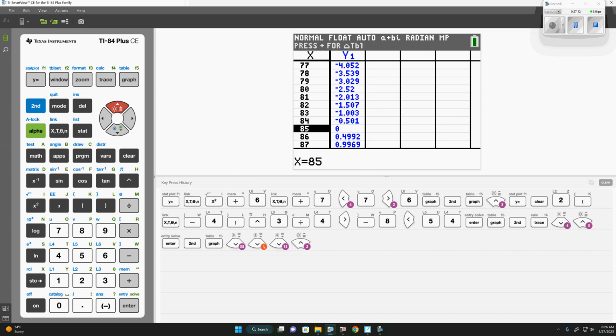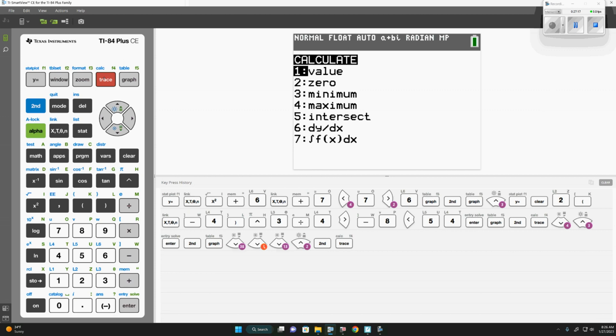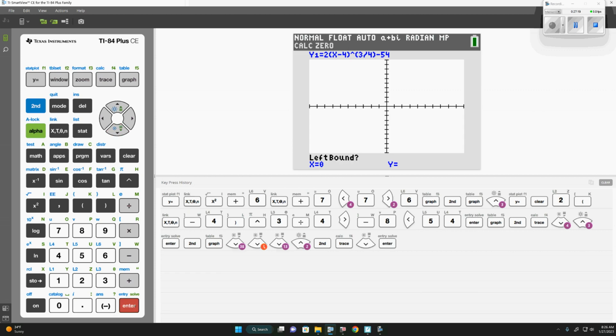And there it is, 85. Now, we could have done this with our 0, so I could calculate 0. Left bound just means that we want to point to the left of where it crosses.